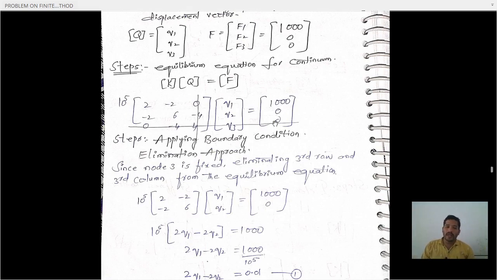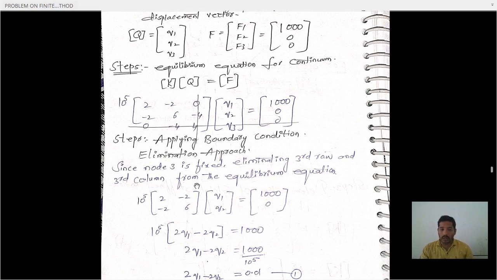We know very well here that node 3 is totally fixed to the bottom. If it is fixed, then we need to eliminate the 3rd row and 3rd column.